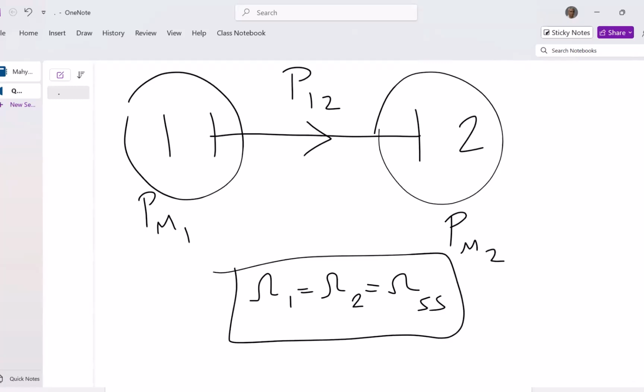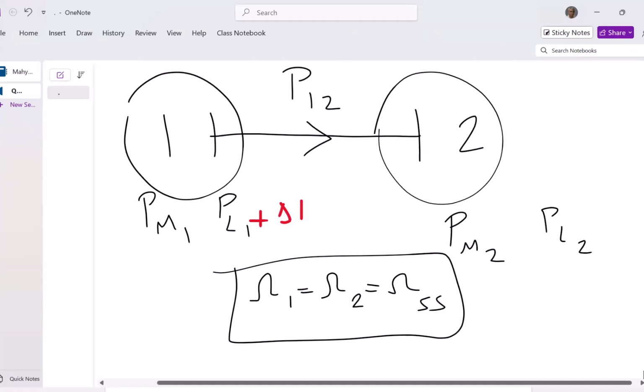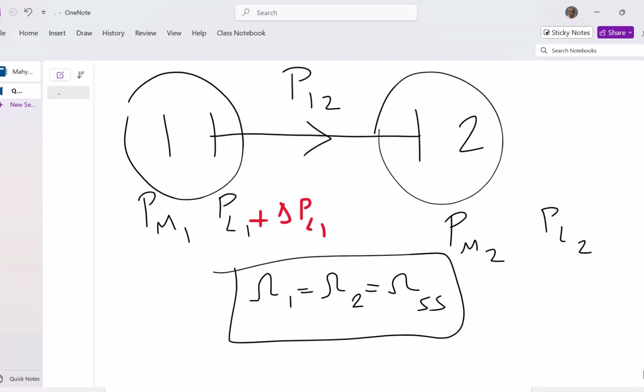Now let's assume that there is also a PL1 and a PL2, load in area 1, load in area 2, okay? Now let's assume that there is a change of load in one of the areas, for example area number 1, delta PL1, okay? Because of that change in load in area number 1, we could have changes in each of these other elements in the system that we see.